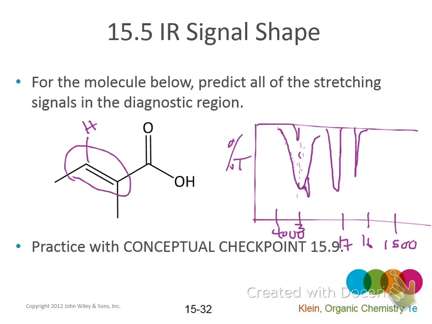Okay? In the fingerprint region, you would find things like CH3 bends. Remember I talked about there's different kinds of vibrational modes, and some of them are stretching, and some of them are bending, like this, they bend. CH3s have a bend around 1370 or something.